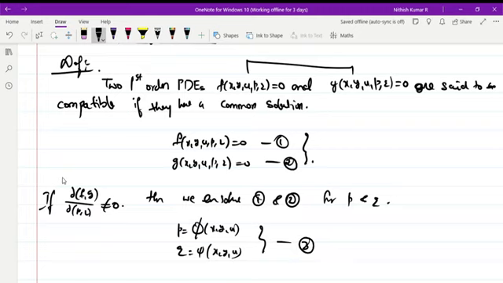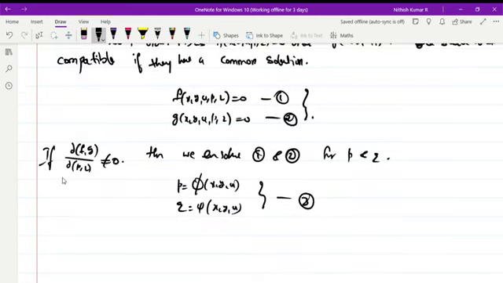This we have seen in the beginning of our Pfaffian differential equations. Say we get p equal to phi of x, y, u, and q equal to psi of x, y, u. Say these two are equation 3.